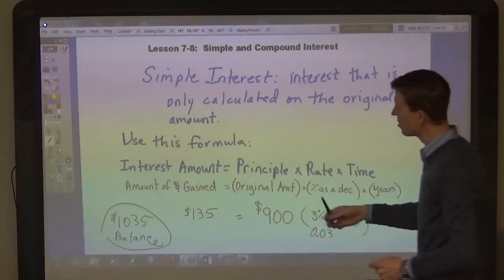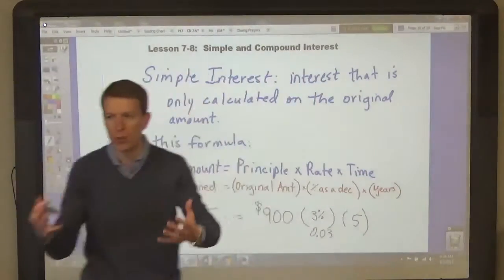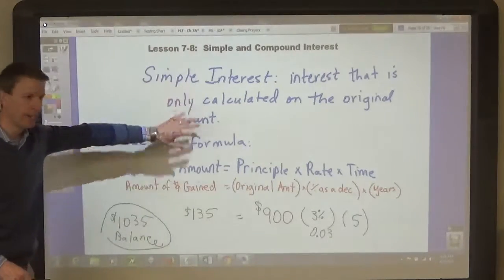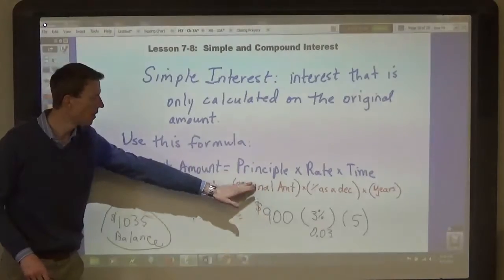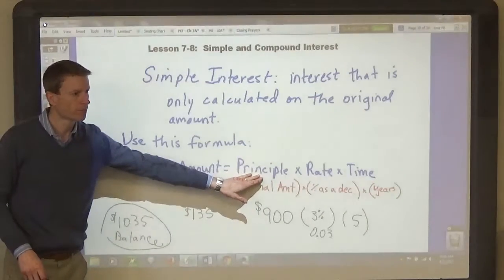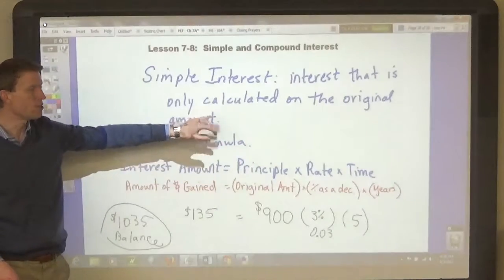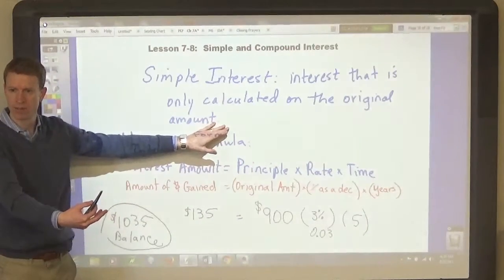So that's where the interest comes from. It's the amount you would get if you put some money into a bank account. That money that you put in is called the principal. The principal is the original amount that you put into an account.